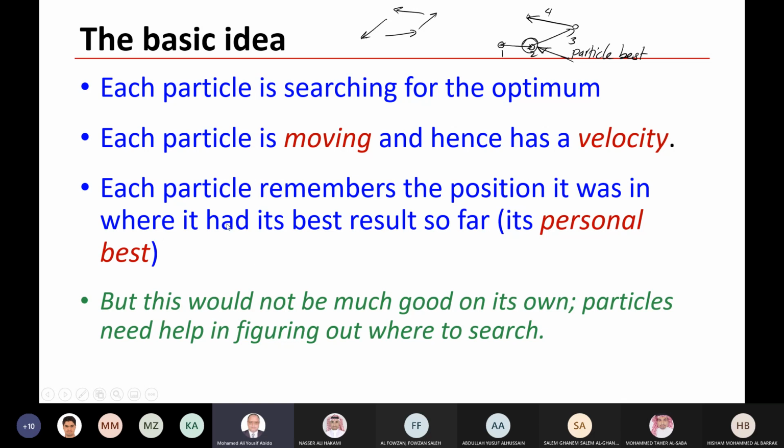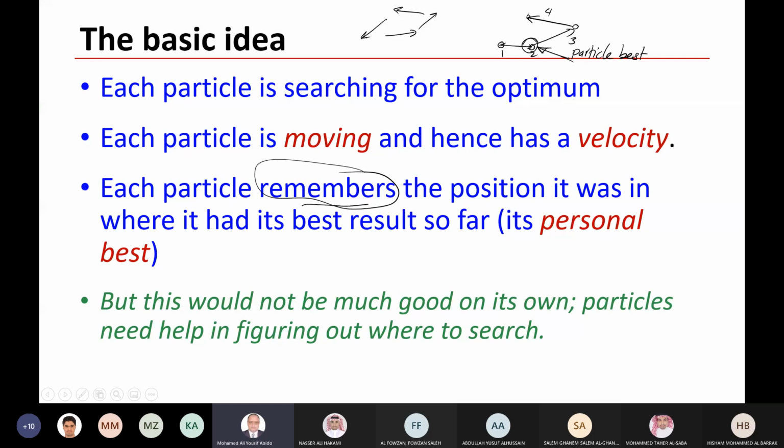So the technique here has some kind of memory, and this is another advantage of particle swarm, it has a memory, and you still remember where is the best solution that you visited.